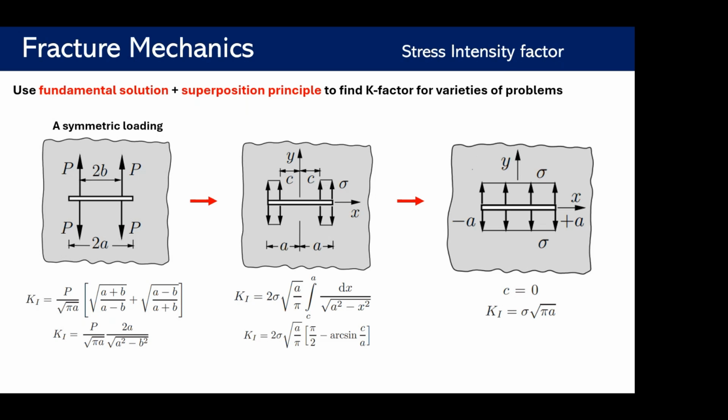Always remember this stress intensity factor. It's a very simple formula, sigma square root of pi a. And it shows the stress intensity factor for a fracture located in an infinite domain. We can go for a break.